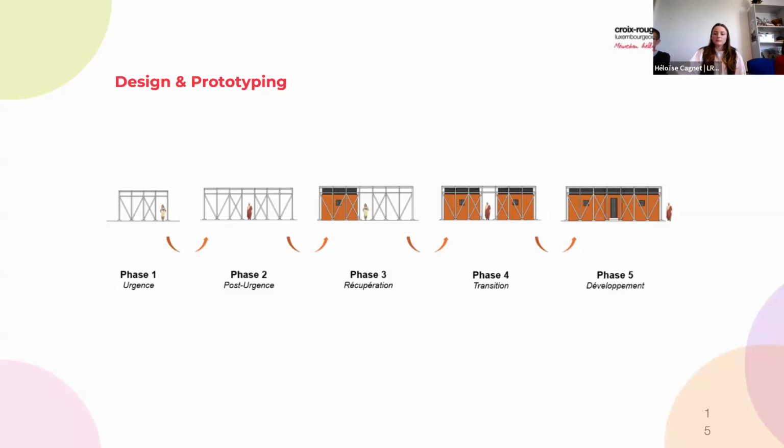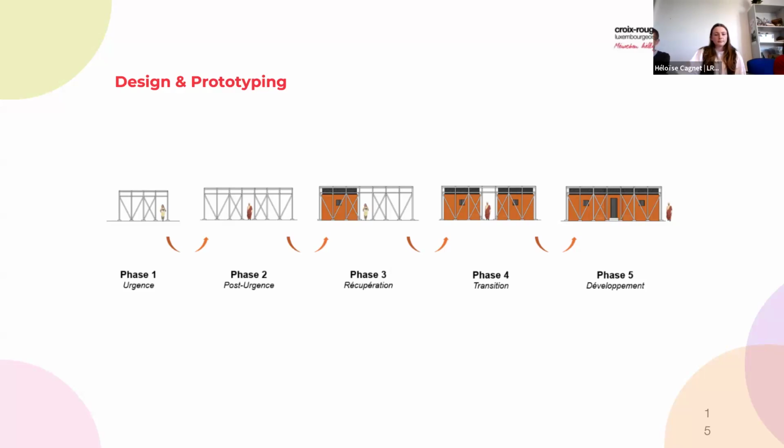So we started from the same basis for the emergency phase, where we use the same wood structure, and then we would cover it temporarily using either plastic tarpaulins, but we also tested natural fibers, what they call in Chad the seco, so dried local natural fibers that are utilized to create mats, and that are actually a great solution for this phase.